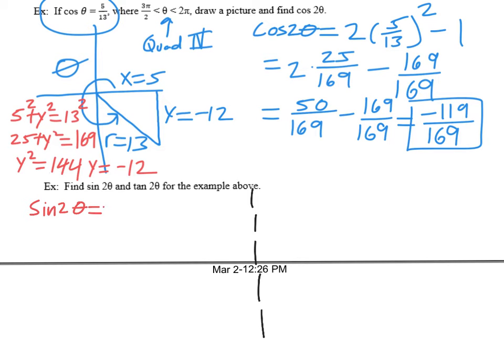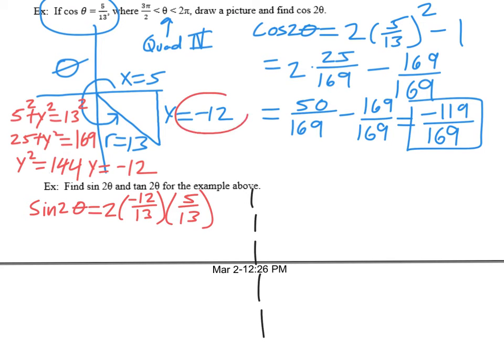Sine of 2 theta is 2 times the sine of theta. I'm going off the formula from above. Times the cosine of theta. Now you can see there, that's really why I needed the diagram, because for getting sine of 2 theta, I needed the sine value of theta, which was not given to us at the beginning of the problem. We had to go get that. Okay, I'm getting it from right here.